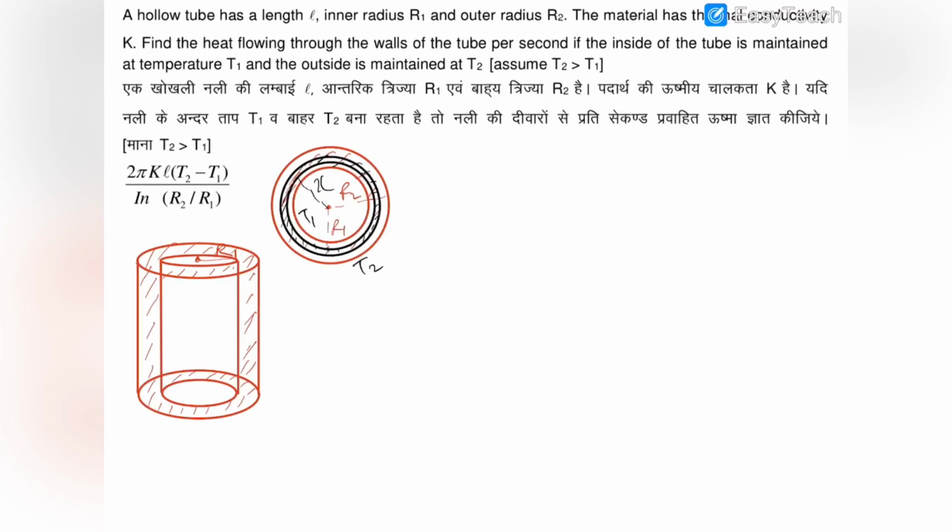In this question, you can see that there is a hollow tube of length L, and this tube is having an inner radius of R1 and outer radius of R2.